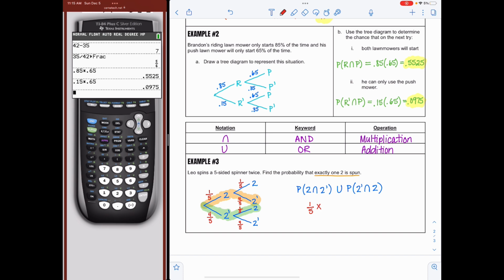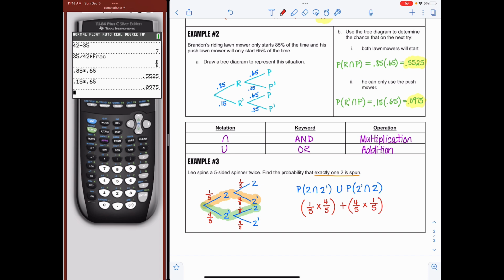And means to multiply. Me not spinning a 2 second, which is going to be 4 over 5. Or that means to add. The probability of not spinning a 2 first is going to be 4 over 5. And means to multiply the probability of me spinning a 2 on the second time, which is 1 over 5.